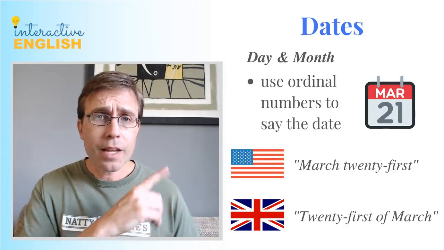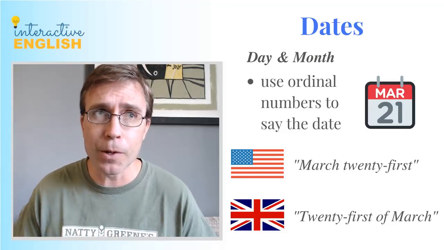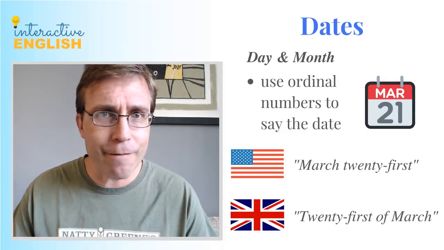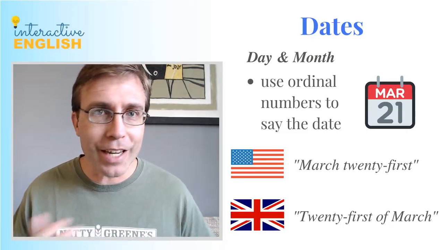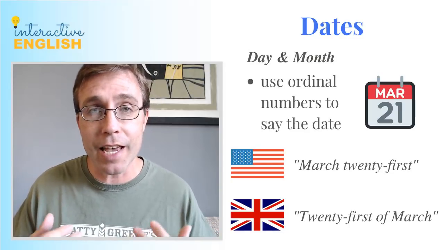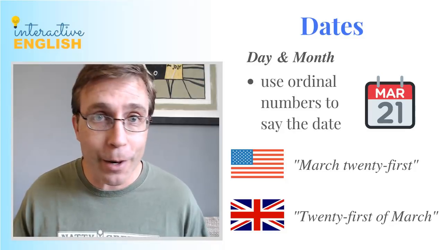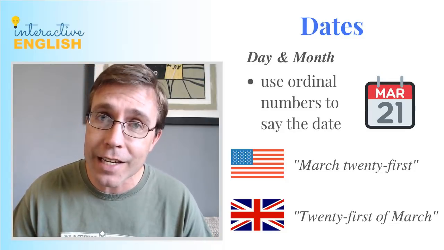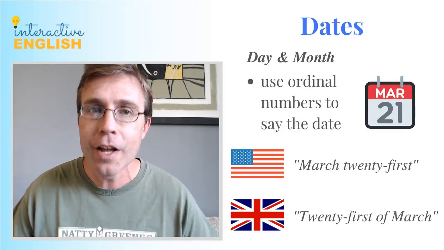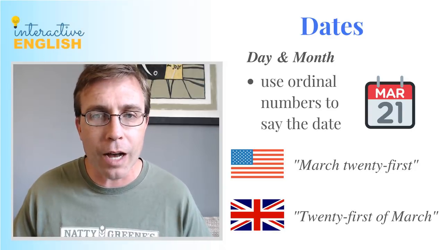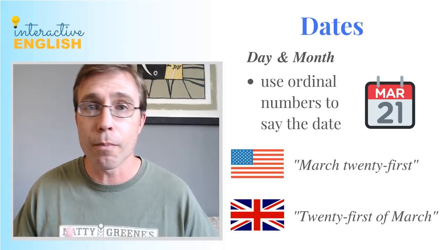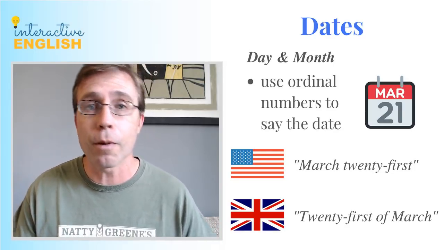Now, I'm just giving you this as an example. It's not a steadfast rule. In American English, people commonly say the month and then the ordinal number. You might hear it the other way around, depending on the context and the conversation. But in American English, it's a little more common to say March 21st, March 22nd, March 23rd, March 24th.